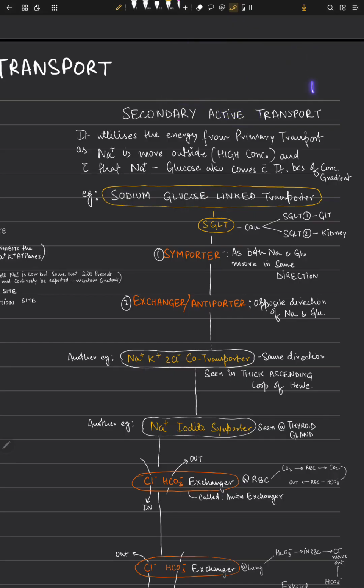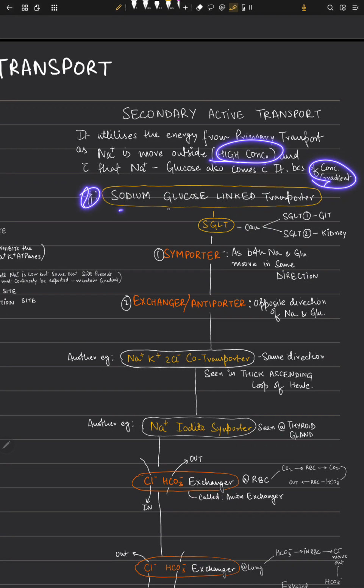So how the cell achieves its nirvana is by transporting some sodium back inside, and with this sodium some glucose comes with it as well. So that's the concept. By the way, these are active pumps, of course, but they work on the concept of concentration gradient.